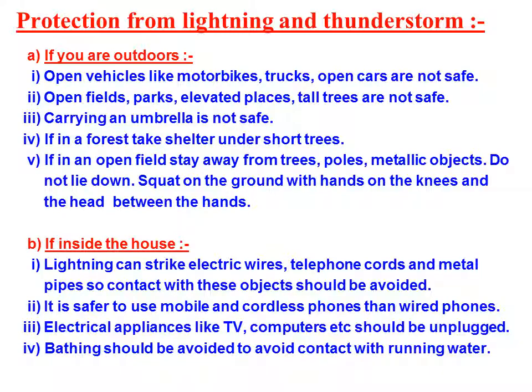That means if lightning strikes, don't touch the metal pipes on the terrace or at your house, because they are good conductors of electricity. It is safer to use mobile and cordless phones than wired phones. A landline is not safe at all because it is connected through a wire.